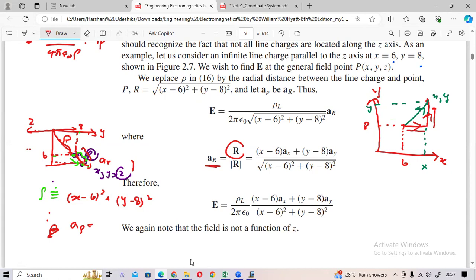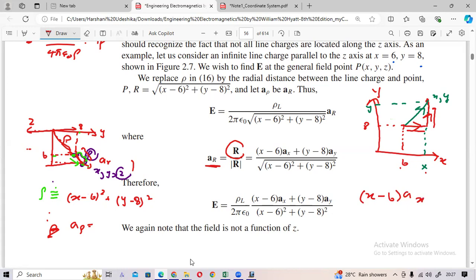This one is x and this one is 6, so it will be x minus 6. This is in the x direction, so it will be ax. That is this vector.